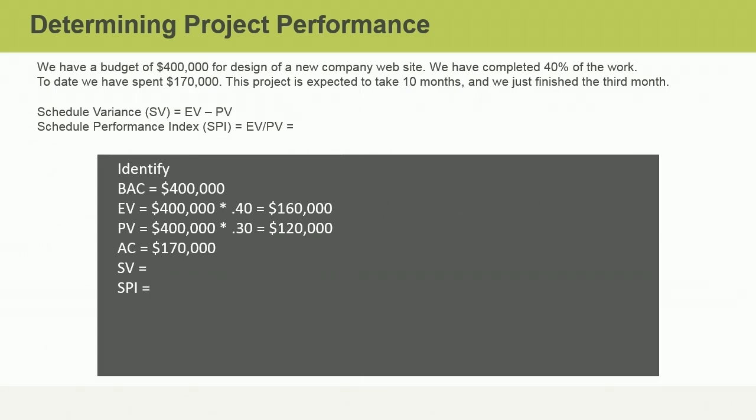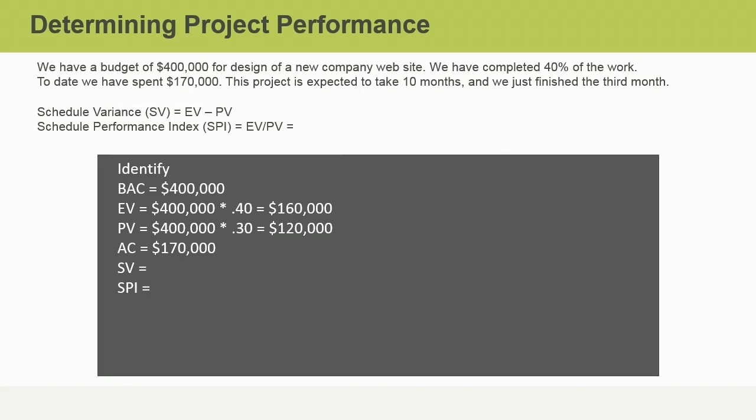Can you determine the schedule variance, or SV, by subtracting the planned value, or PV, from the earned value, or EV? Feel free to pause the video at any time and resume when you're ready. If you determine that the SV is $40,000, you are correct. This means that at this point we have produced $40,000 more in value for our project than was planned.